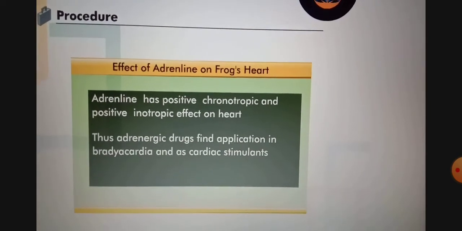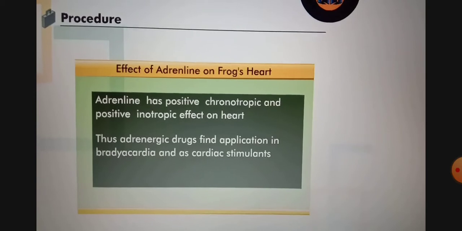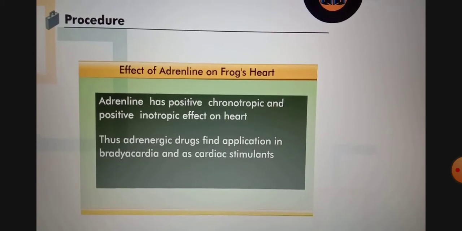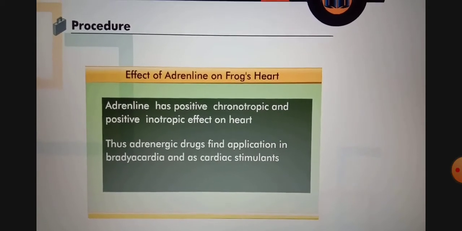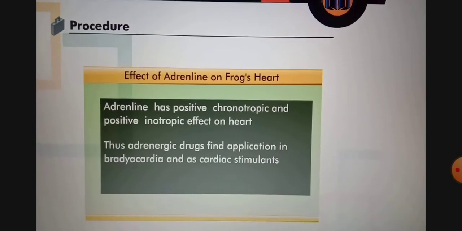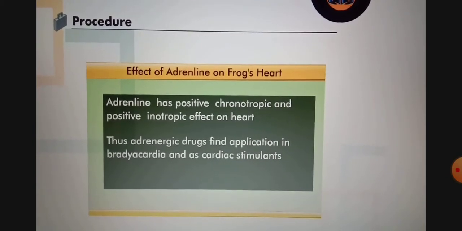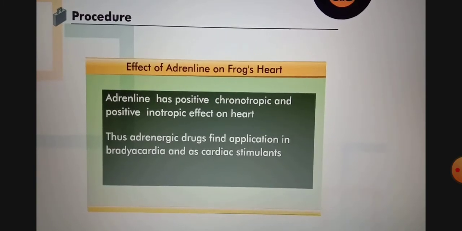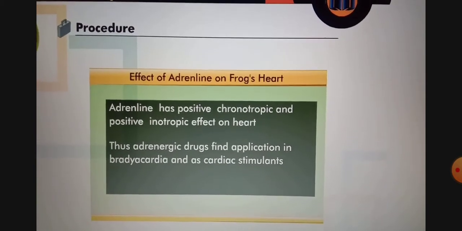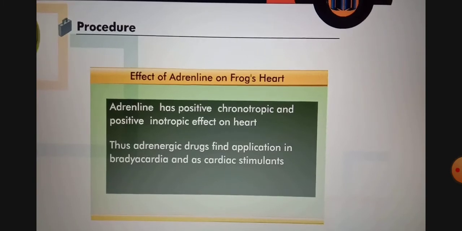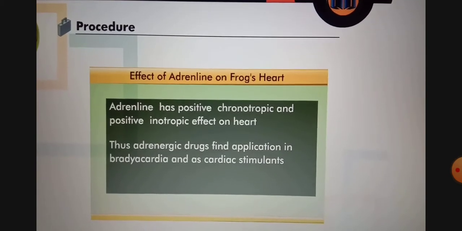As you see in this procedure, you have observed that adrenaline causes increase in heart rate and force of contraction. So it possesses positive chronotropic and positive inotropic effect on heart. Chronotropic effect is related with heart rate and inotropic effect relates with force of contraction.